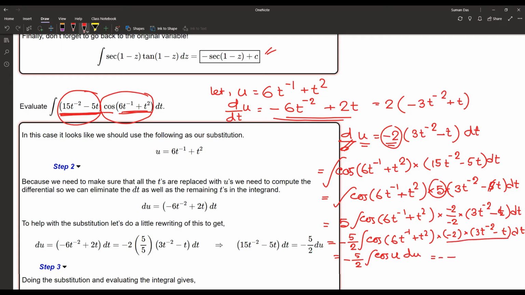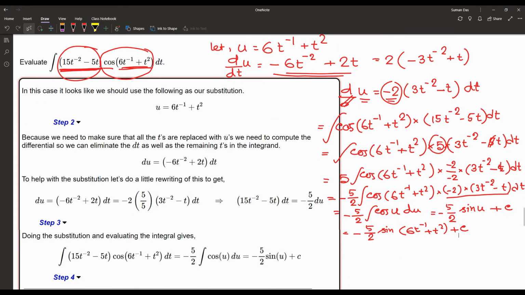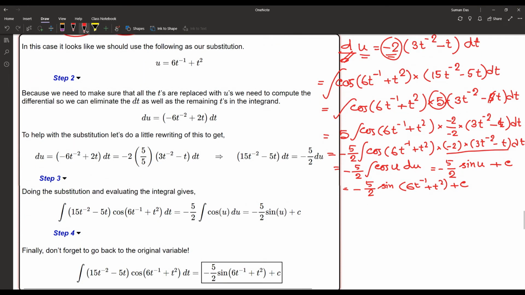So that is giving us the result as sin u plus integration constant. Now using the value of u, the result is -5/2 sin(6t^-1 + t^2) plus integration constant. And that is the result.